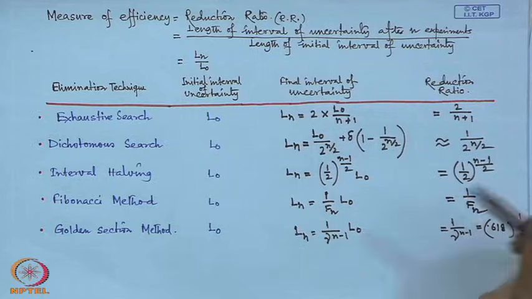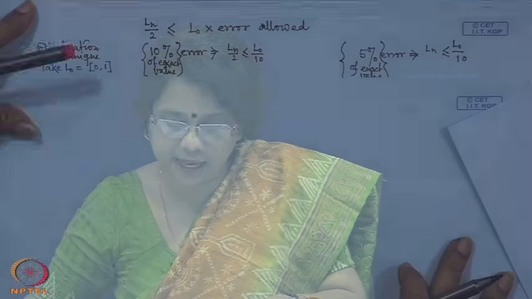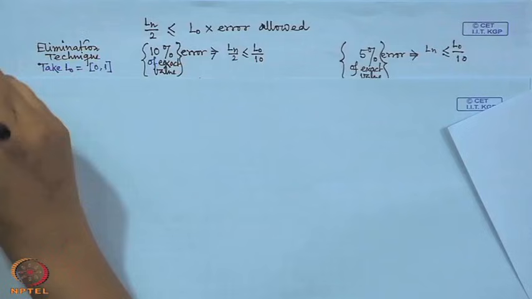For 2 cases let us consider the thing. One is that we are considering the reduction ratio when we want to achieve 10% of exact value, that is, we are fixing the tolerance of error at 10% on either side.